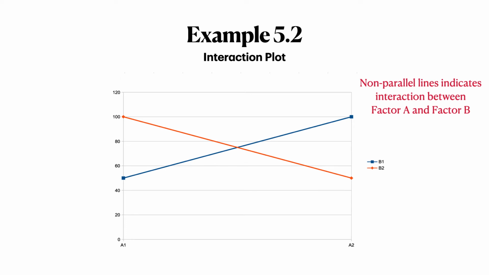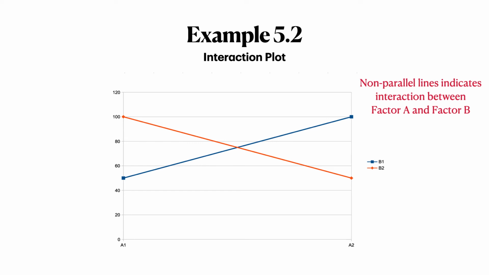And if the lines are not parallel, that indicates interaction exists. And the extent to which the lines are not parallel indicates the degree of interaction. So these are very, very non-parallel lines, and so there's a lot of interaction here between the two factors.